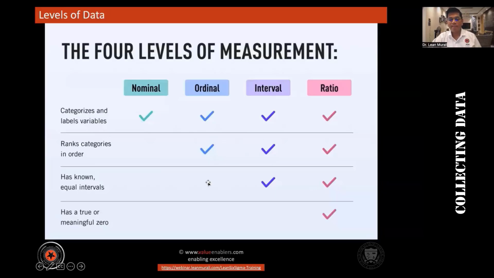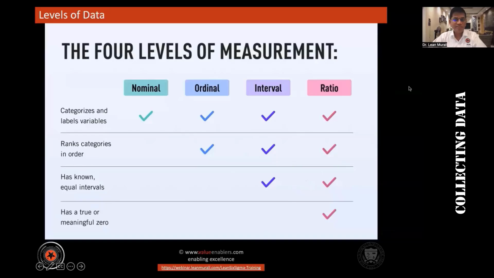Good. Superb. Thank you very much for your active participation. I'll just quickly tell you, there are 4 levels of measurement: nominal, ordinal, interval, and ratio. They categorize and label variables, rank categories in order, have known equal intervals, and have a true or meaningful 0.